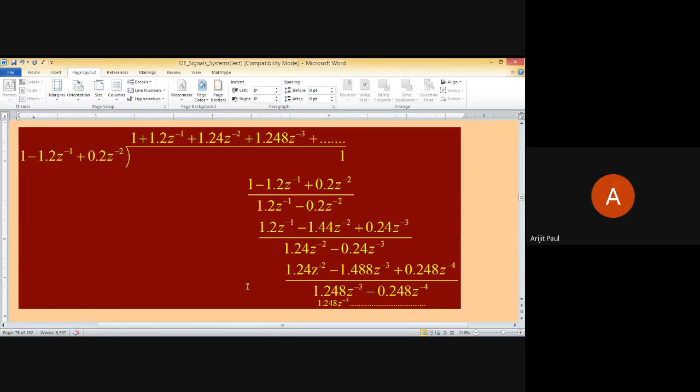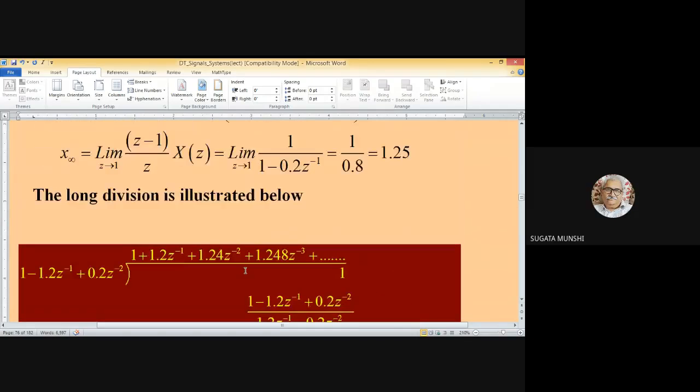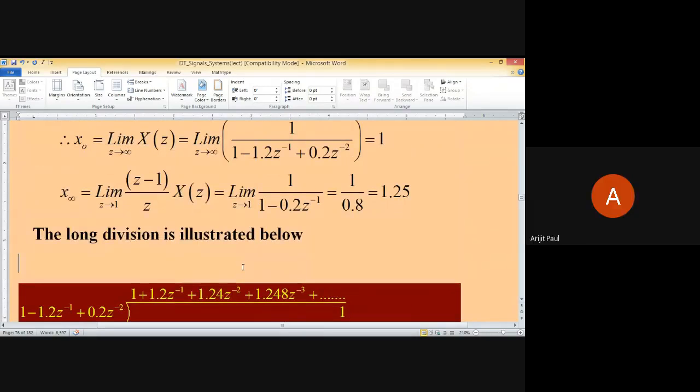Sir, I could not understand the final value theorem. Please, sir, explain it. Final value theorem calculations. Is there any mistake here? No, no, sir.